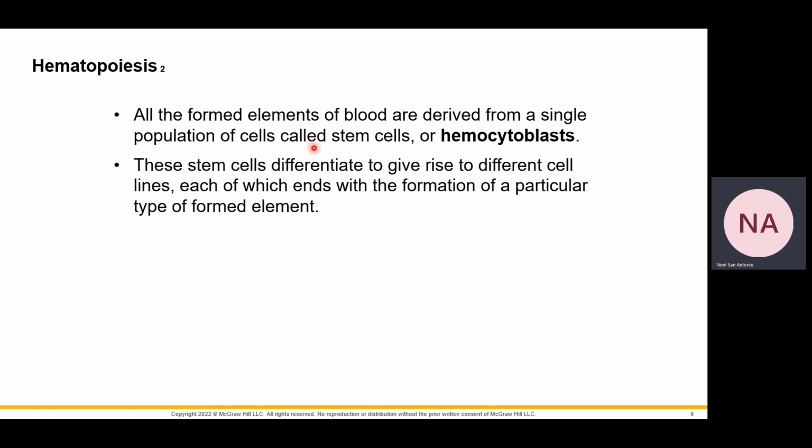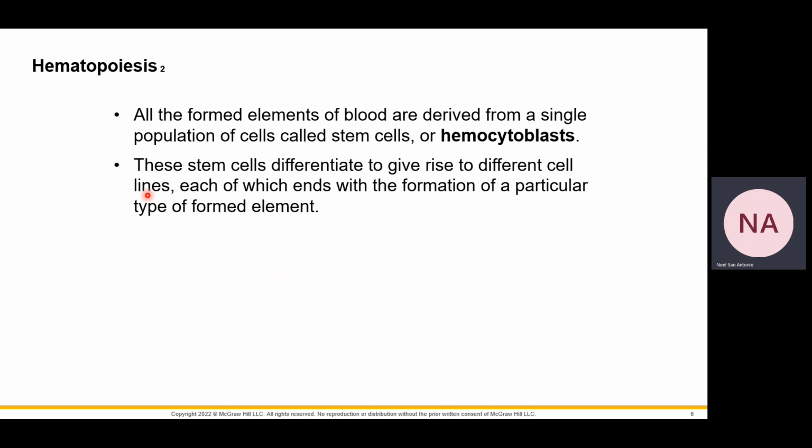Tawag doon sa mga generic population of cells that are produced in our red bone marrow are called stem cells, also known as hemocytoblasts. The stem cells specific to our blood are called hemocytoblasts. And these stem cells undergo the process of differentiation in order to give rise to different cell lines.